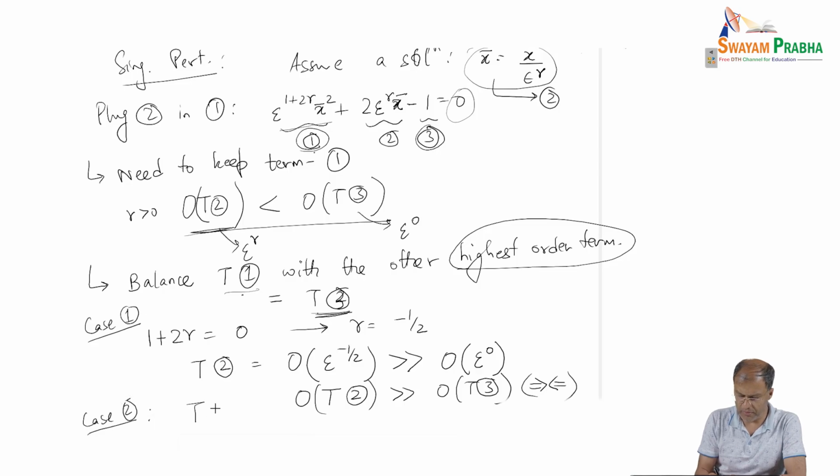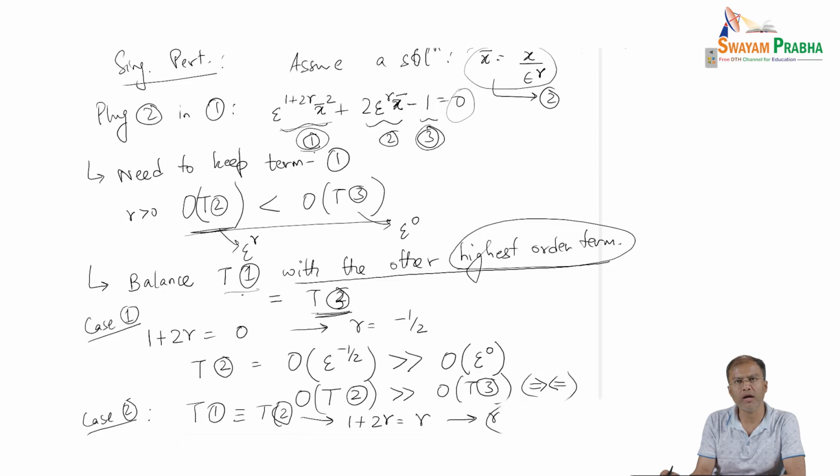We balanced term number 1 with term number 2, and we see that the order of epsilon 1 plus 2 gamma is equal to gamma. Gamma is the order of epsilon in term number 2, and from here we are getting gamma is minus 1, right? So gamma is minus 1, and now the entire idea was we were balancing term number 1 with the term of the highest order.